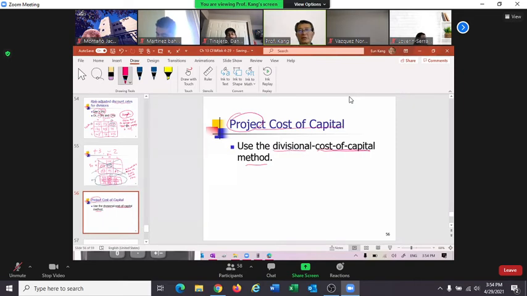So you guys are not ready for the final exam, right? The divisional cost of capital is: a company has different divisions and all divisions have different risk. Then using one cost of capital is not fair, right? So we did the divisional cost of capital method. We tried to find out, divisions have no price, so we use the pure play method.